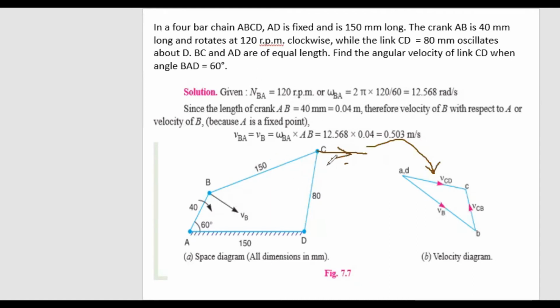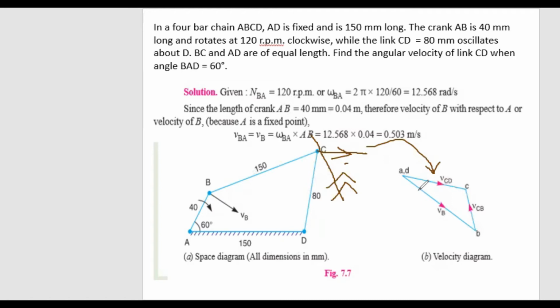And for this BC, that is going this way, parallel to this one I have BCD here. So this will give you the velocity of C with respect to B, and velocity of C with respect to D, right?